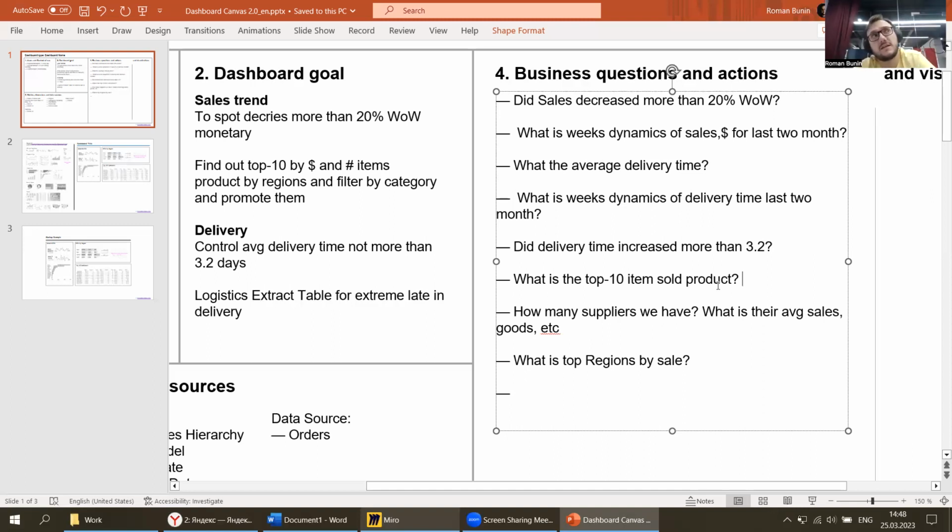I mean, we can understand the average item sold per customer. I mean that we have the top 10 items sold by price. We haven't discussed it, but let's do it. By price or by clients. By clients, okay. And numbers.